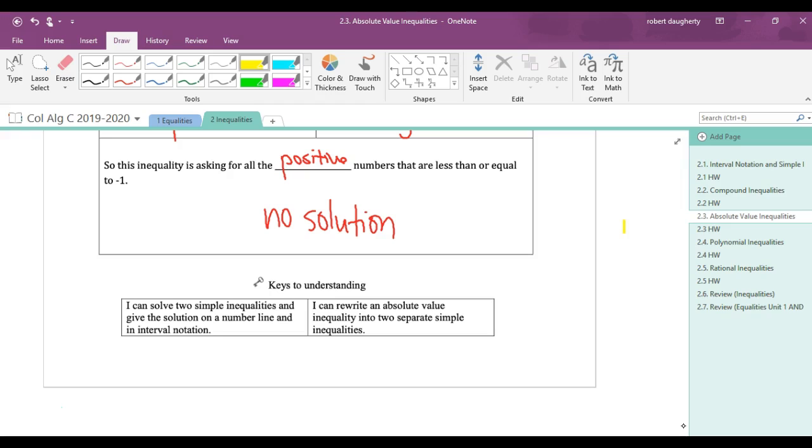The first problem you write down as is, and then what happens with the second problem? You do two things. Flip the inequality and change the positive or negative sign, and then solve it, then go to number line, then go to interval notation. But you have to pay close attention: when you have absolute value and the negative number over there, you're either going to get all numbers as a solution, or there are no numbers that are a solution.